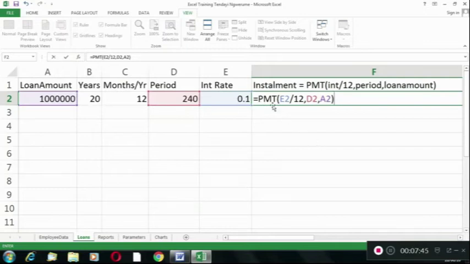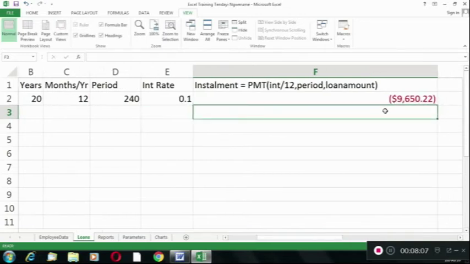So this fulfills the formula. Installment is equal to PMT into interest rate, which is in E2, divided by 12, comma, the period is in D2, comma, the loan amount is in A2. So we press enter.